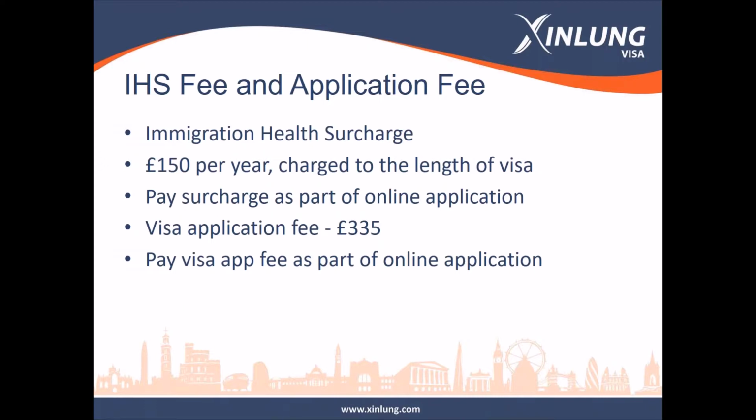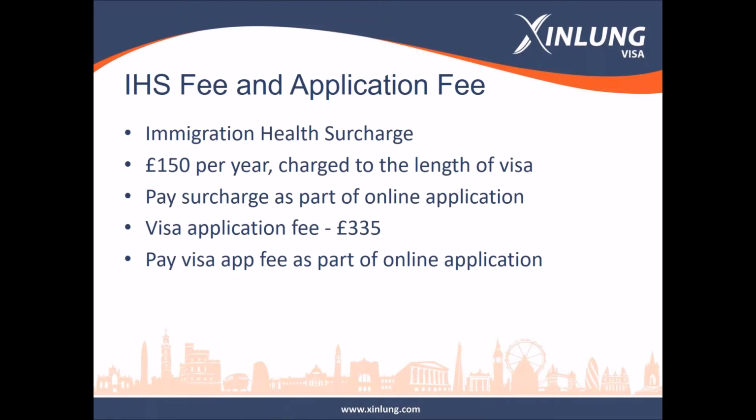This fee is for international students to access the health system in the UK, including hospitals and general practitioners, but it doesn't cover medicine. So it covers going to see a doctor, but not the pills that are prescribed to you.